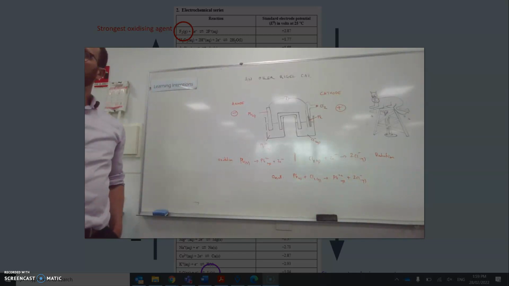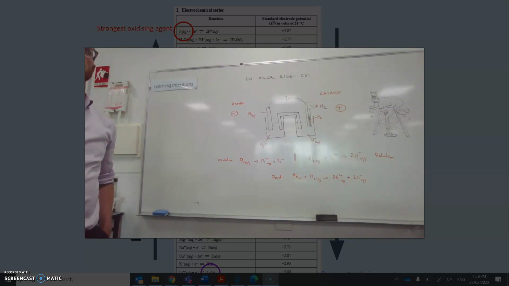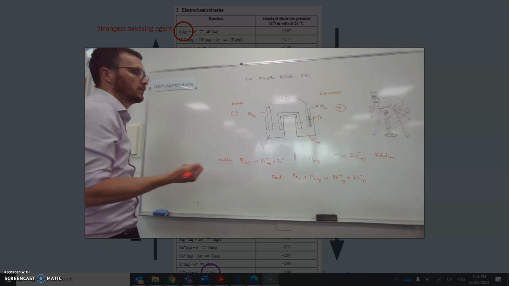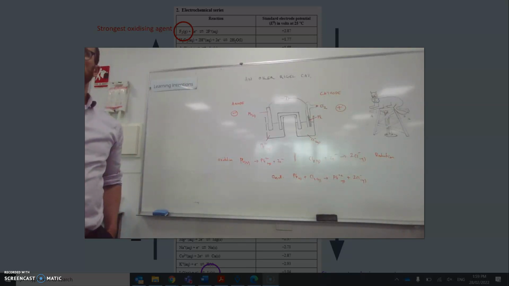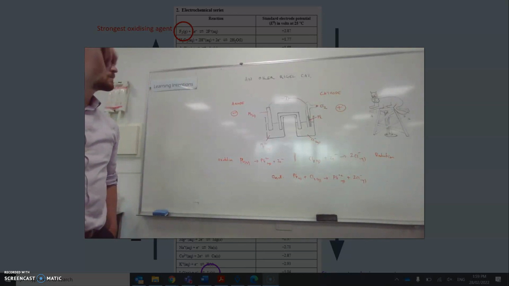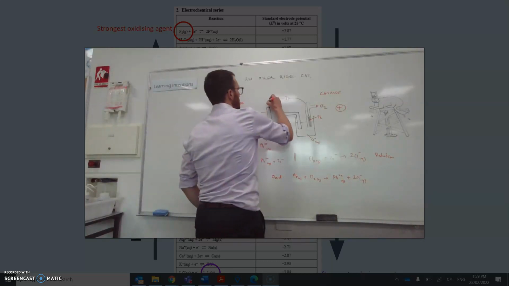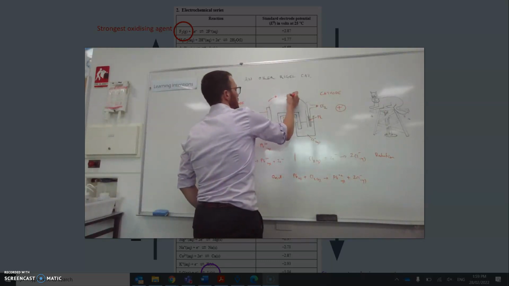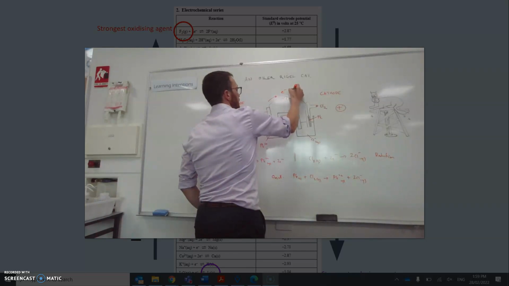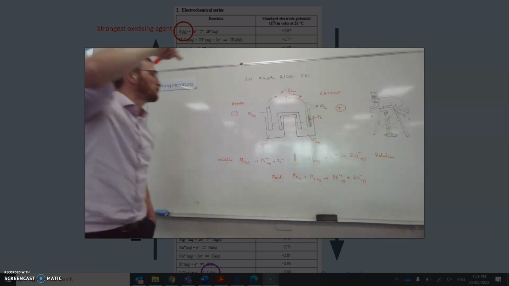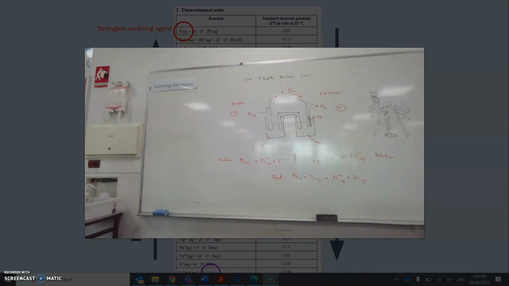Two more bits of information we need. We need the flow of electrons. Where do electrons go? Correct. Where? How? Where do I put it? Right, through the conducting wire. Here's the electron flow. So electrons flow from anode to cathode via the external circuit.